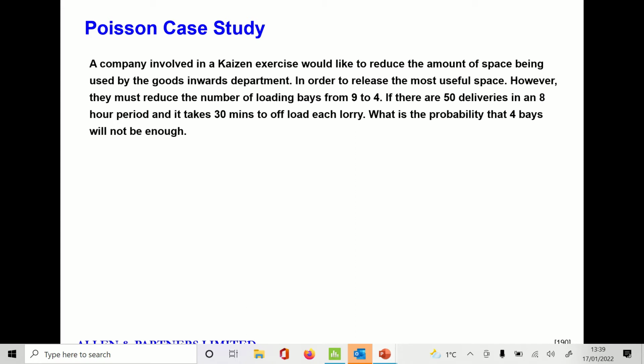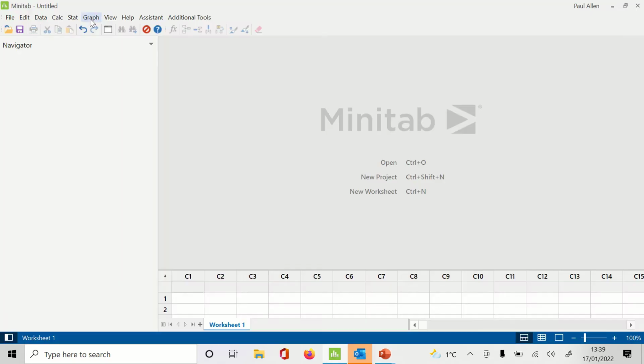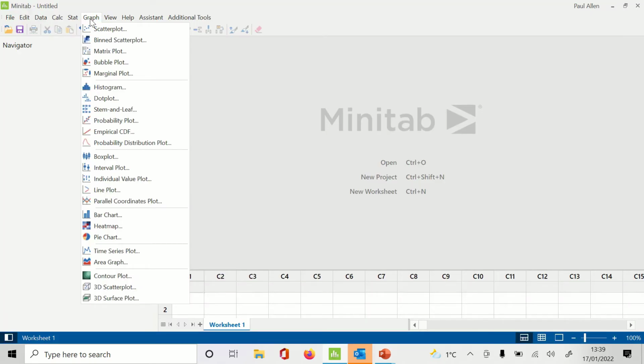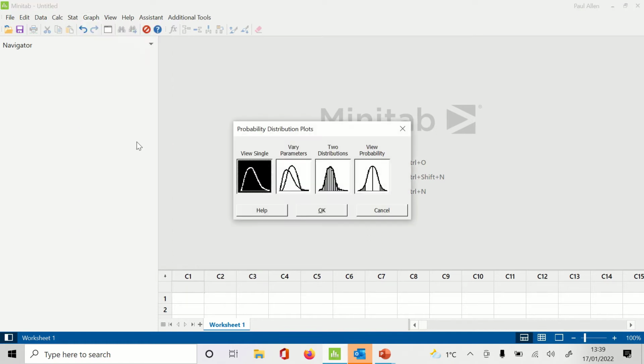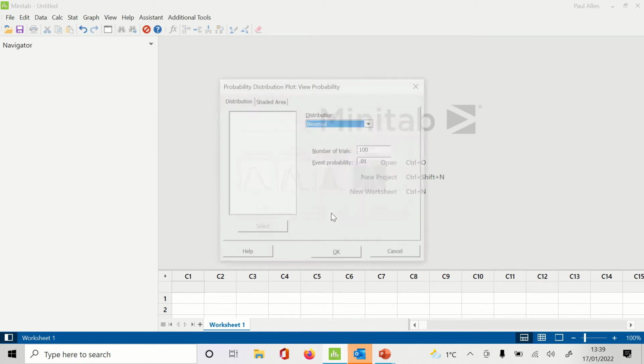So that's the scenario, and now what we have to do is to go to Minitab for the answers. So once again we're going to go Graph, Probability Distribution, and View Probability as before.